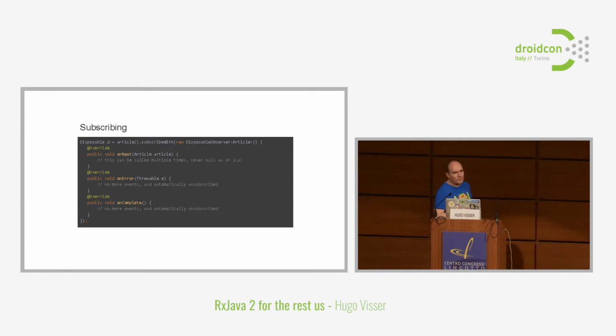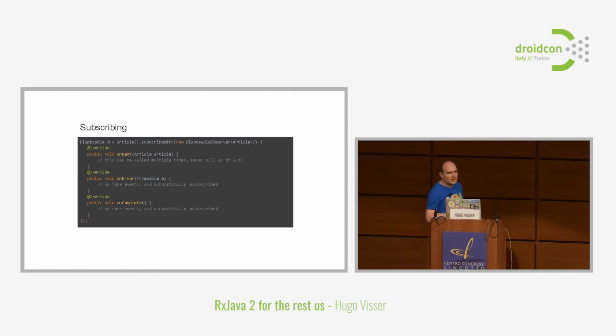In RxJava 1, this will be called Subscription, but again, it's a different naming due to the implementation of the reactive streams. And so we subscribe and then pass in this observer. And this observer basically has callbacks for each of the events that I mentioned. So we have our onNext, which gets an article every time it's emitted.